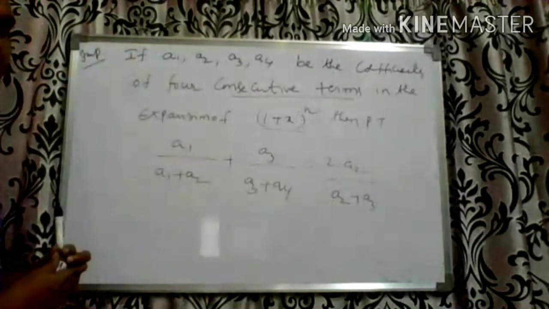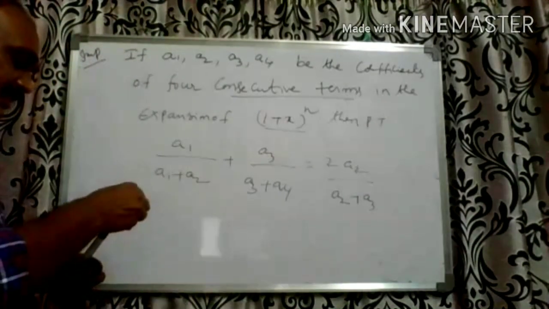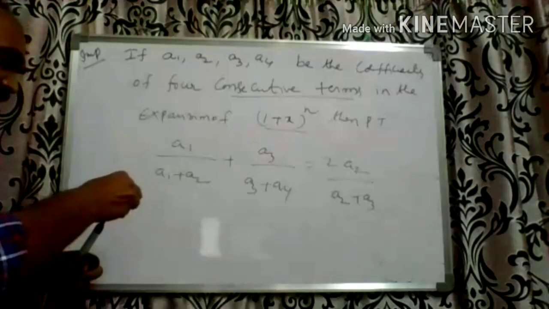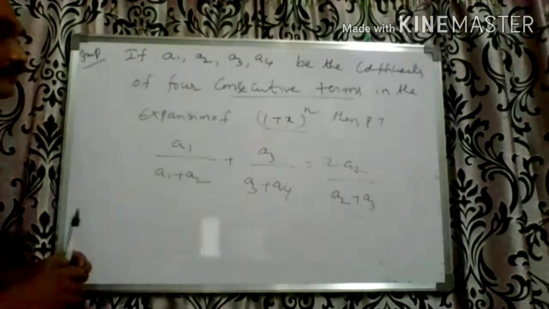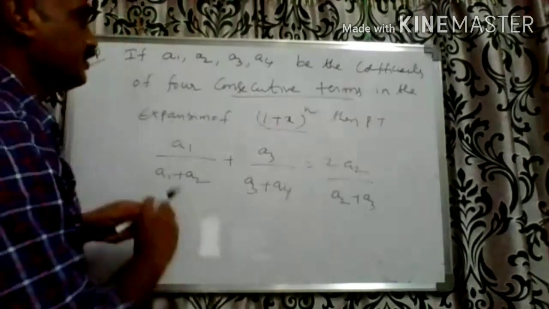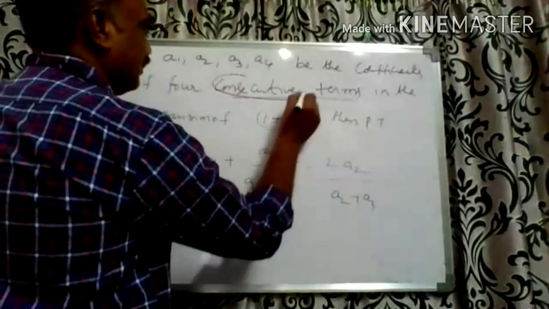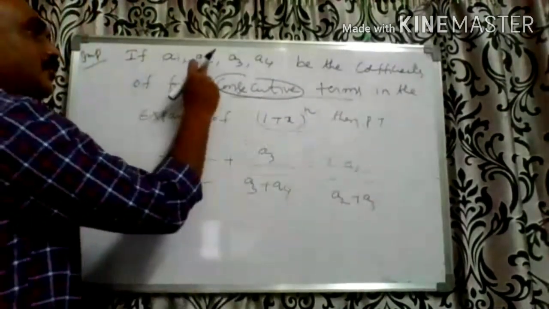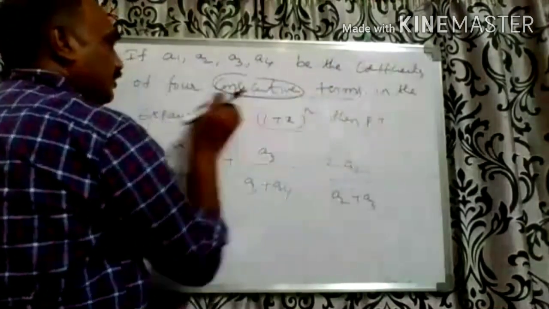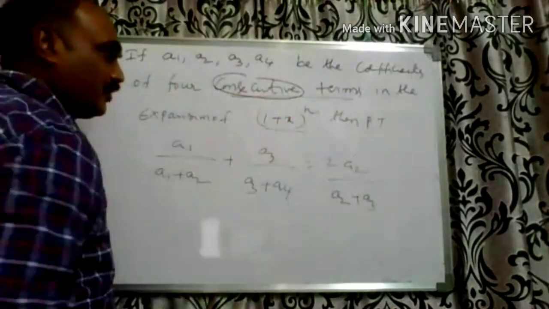Coefficients means binomial coefficients: nC0, nC1, nC2, nC3, nC4. 4 consecutive binomial coefficients. So take A1, A2, A3, A4 to be the binomial coefficients of 4 consecutive terms.